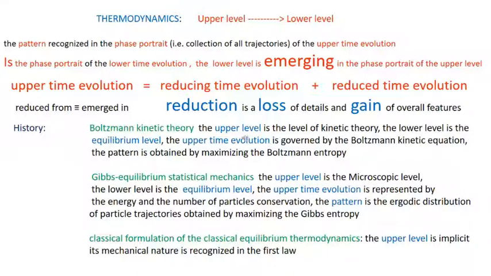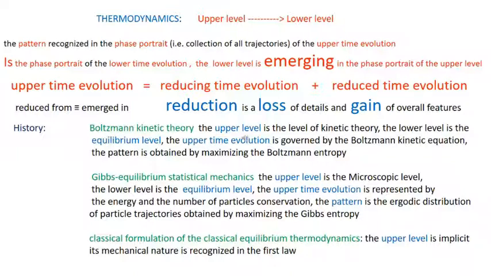Historically, Boltzmann was the first to formulate this passage. For him, the upper level was the level of kinetic theory with the one-particle distribution function serving as state variable. The lower level was the equilibrium level. The Boltzmann equation governs the reducing time evolution. The details that are being discarded are the details of trajectories of particles undergoing binary collisions.